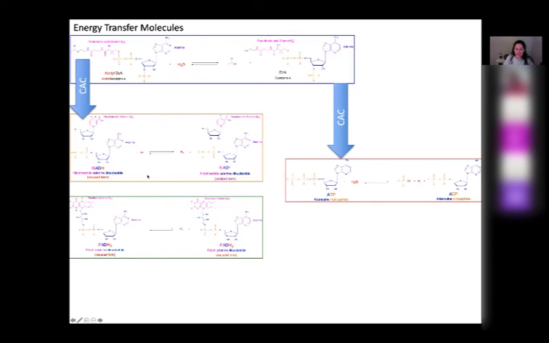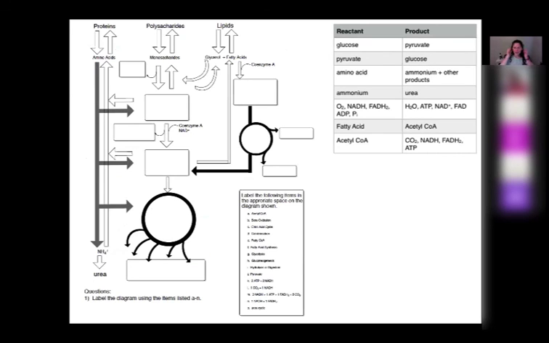And then any NADH and FADH2 that are produced in that citric acid cycle are then converted to ATP, or the energy in them is converted to ATP through the electron transport chain and oxidative phosphorylation. So that's the gist. That's the overview of metabolism.